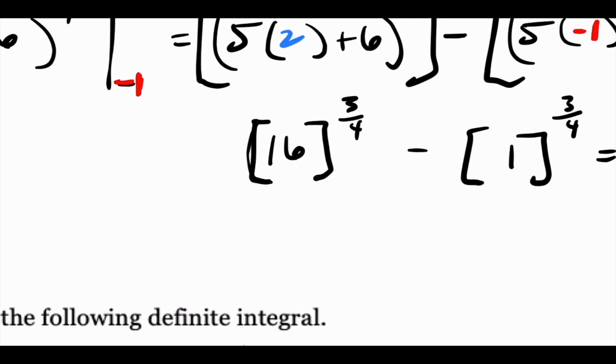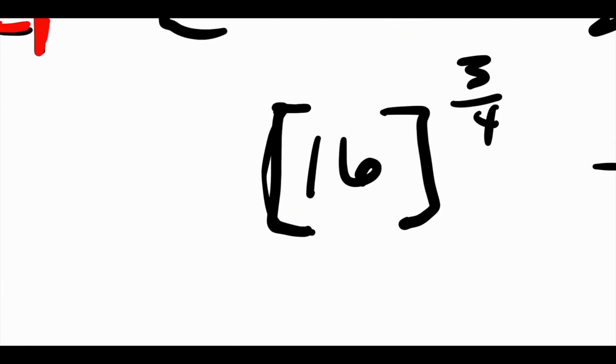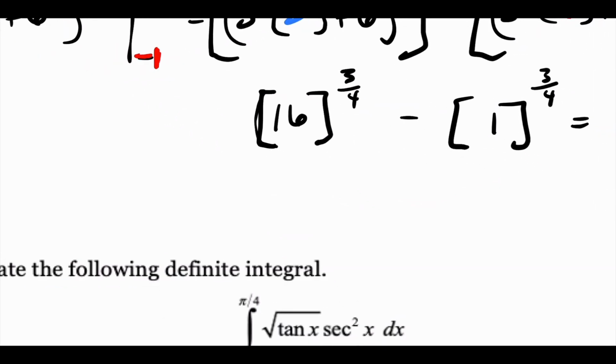I would suggest doing what's easier. Without a calculator, I can't do 16 to the 3rd power and then find the 4th root of that. No. But what I can do is find the 4th root of 16. That's easy. What times itself 4 times makes 16? 2. And then cube 2. 2 times 2 times 2? 8.